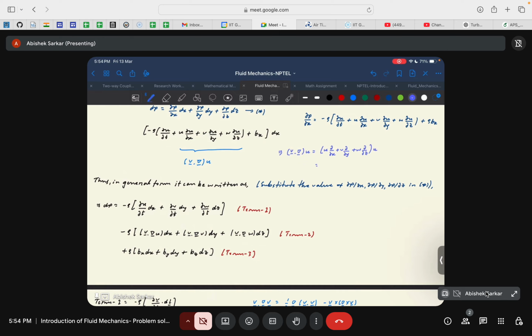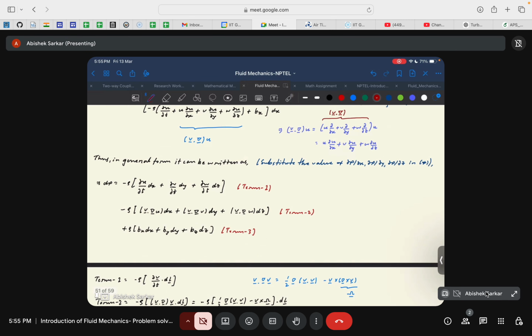So you will get u dou u by dou x plus v dou u by dou y plus w dou u by dou z. We have just simplified it, representing this operation in a vectorial manner. We represented it as v dot del.